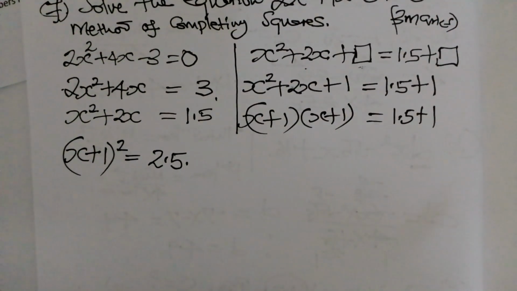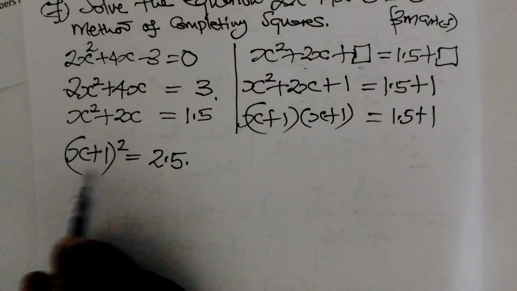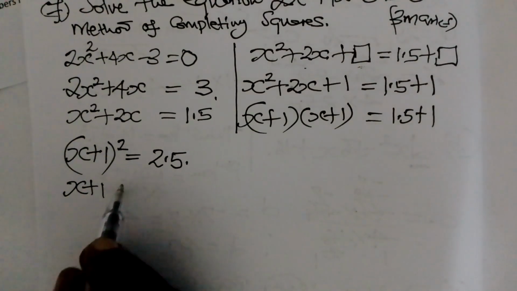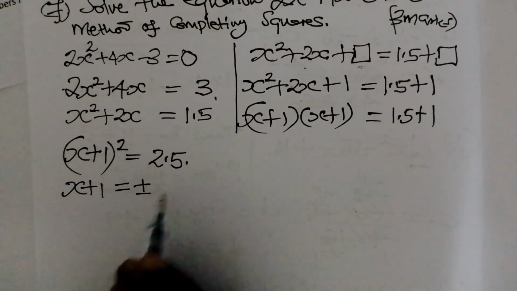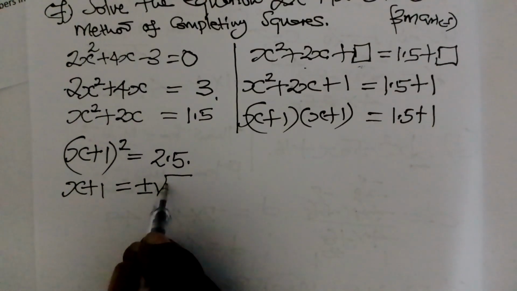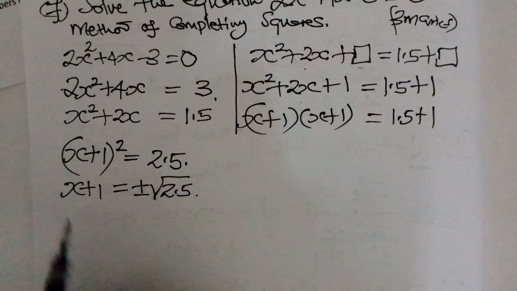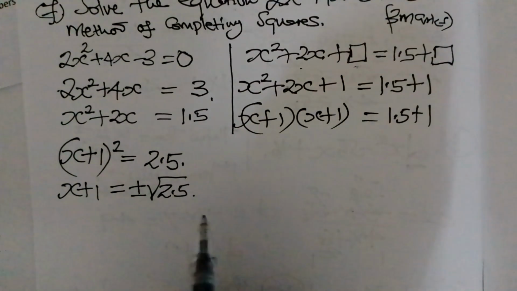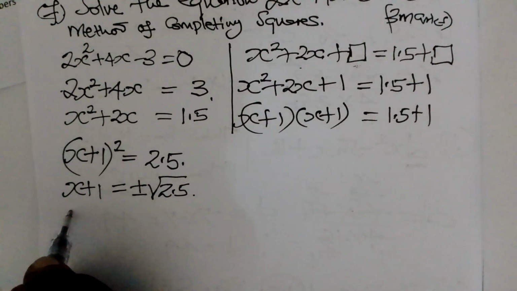Since we are solving this, we get the square root on both sides. X plus 1 will be equal to the positive or the negative square root of 2.5. This one can easily be obtained from the calculator.